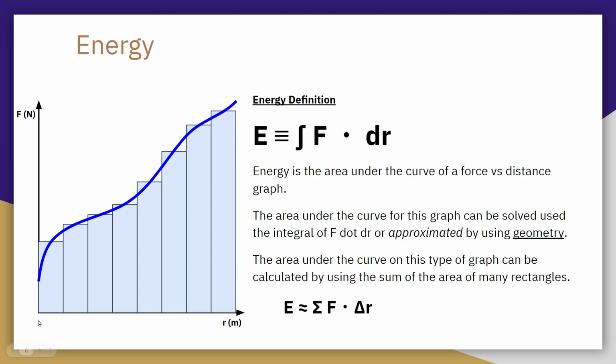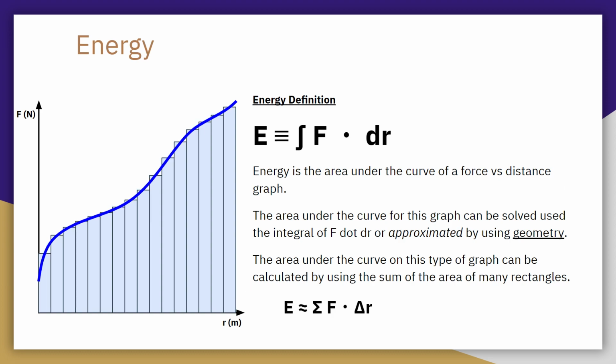But one thing that we can see here is there's going to be some areas where we overshoot or undershoot the area under the curve. So this change in position for each of these bases of these rectangles is a bit too wide for us to accurately approximate the area under the curve here. But if we make them smaller, we do a better job of approximating the area under that curve.